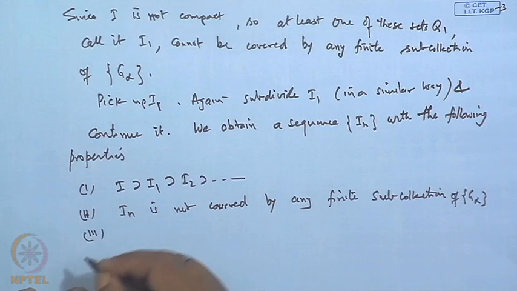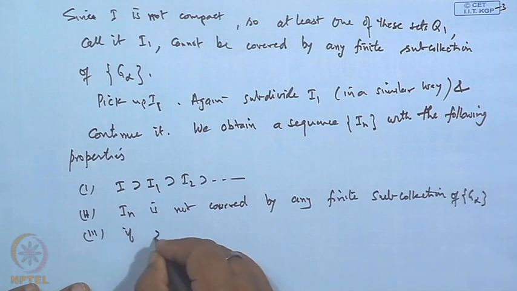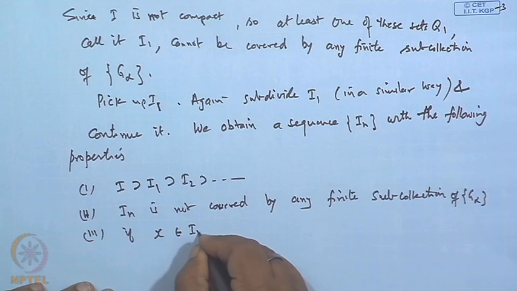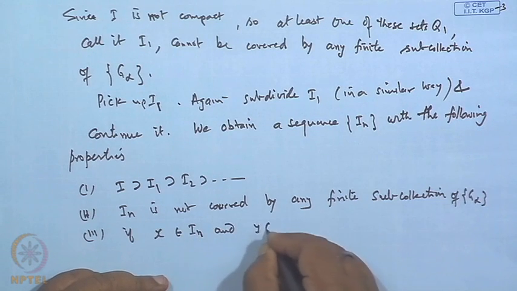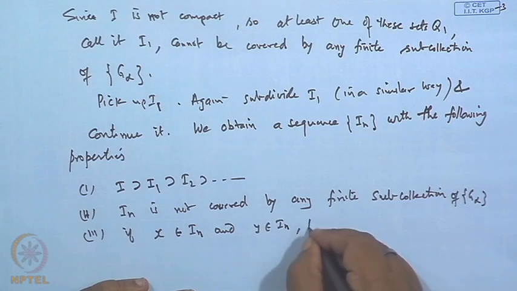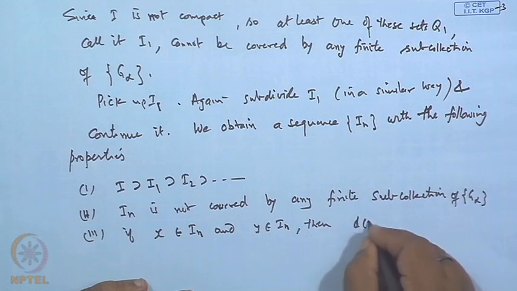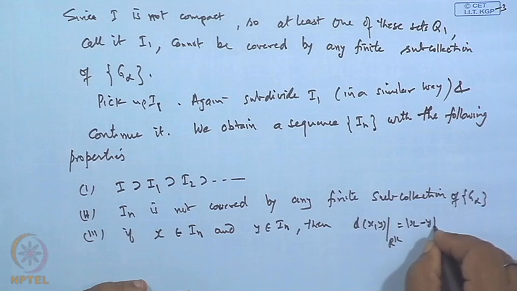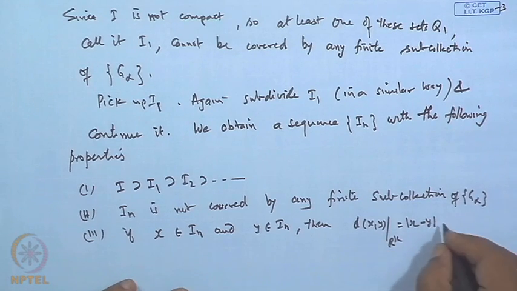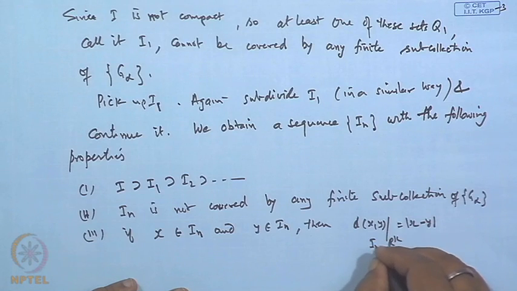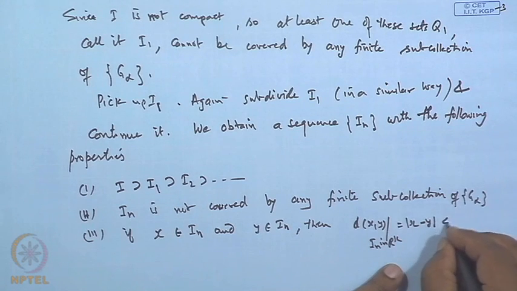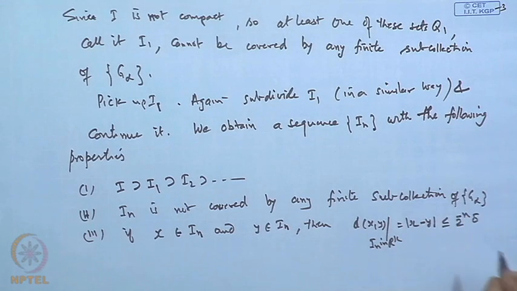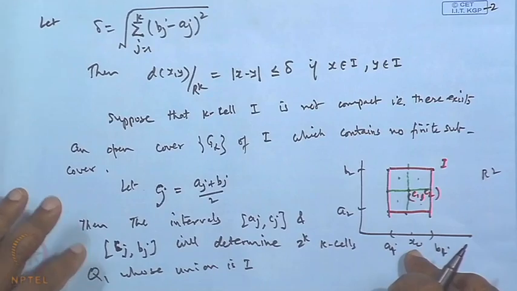And the third is that if x is a point in I_n and y is also in I_n, then the distance of x and y in R^k, that is |x minus y|, is less than or equal to 2^(-n) times delta, because if this length is divided, what are you getting?